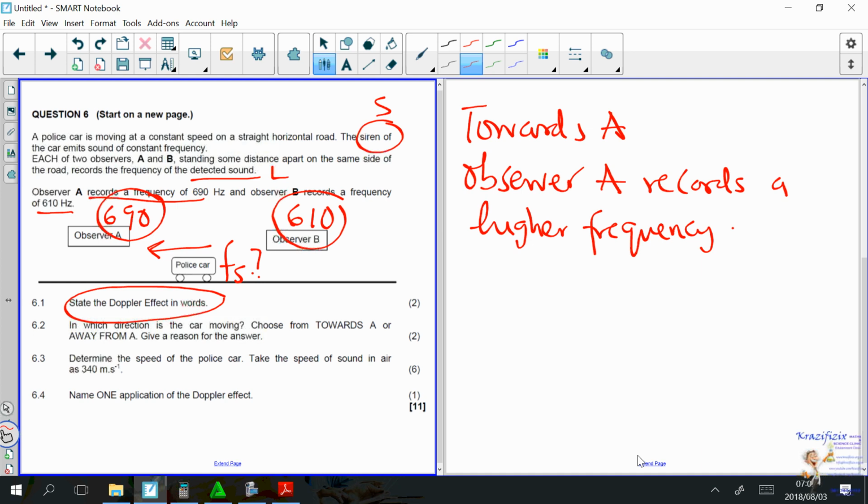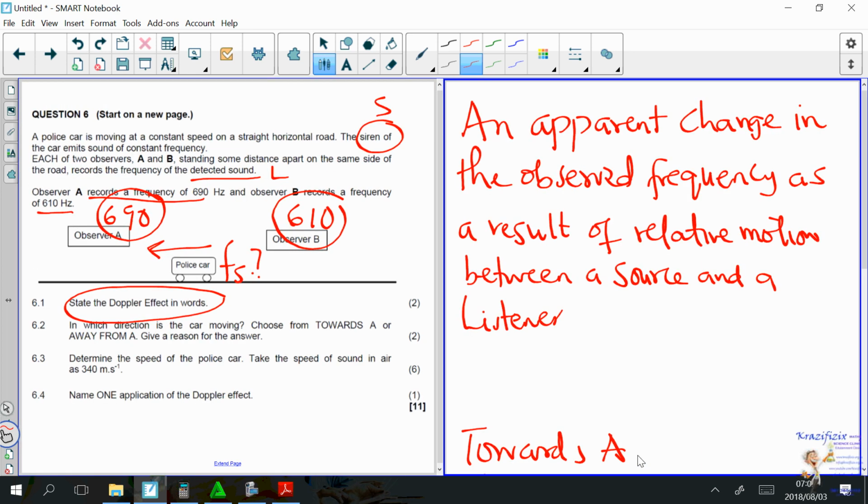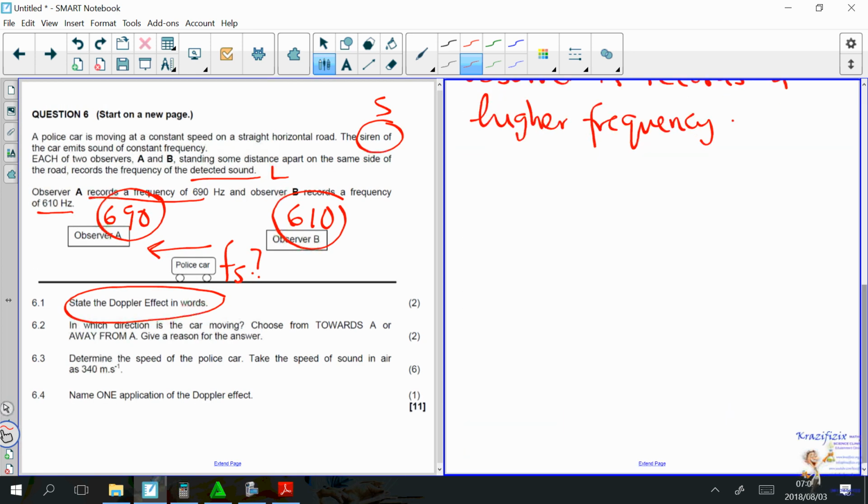I'll show you quickly. This is what I do when I deal with Doppler. The formula has a plus or minus sign somewhere. What we do is we use LS, listener before the source. Life is sweet. You don't say sweet is life.